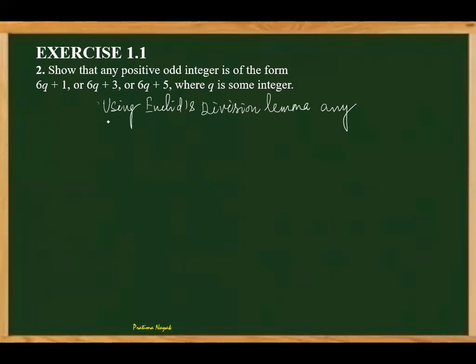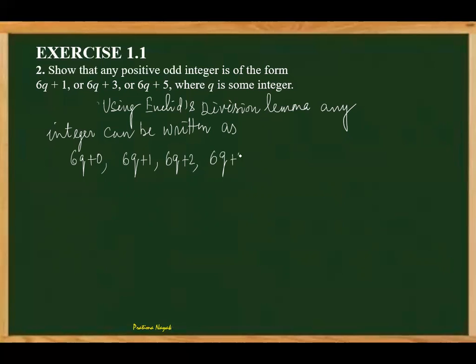Any integer can be written as 6q plus 0, 6q plus 1, 6q plus 2, 6q plus 3, 6q plus 4, up to how much? 6q plus 5, up to this, because I am taking b as 6.